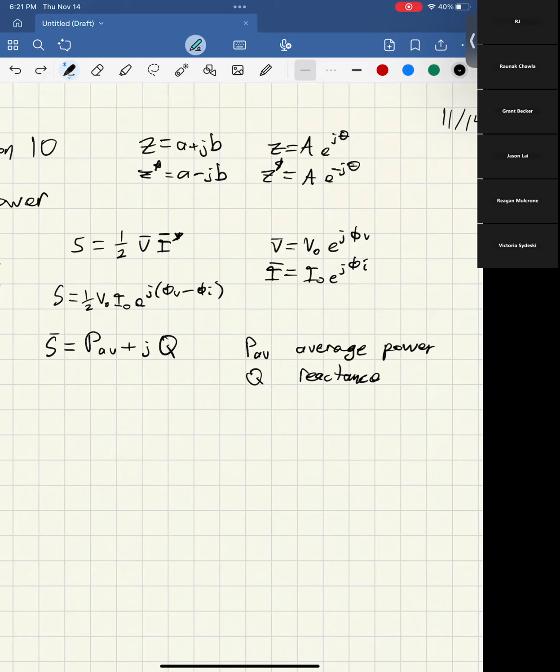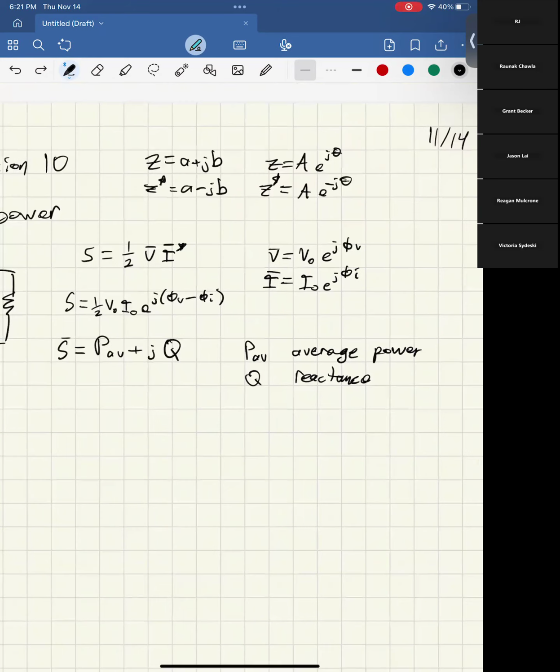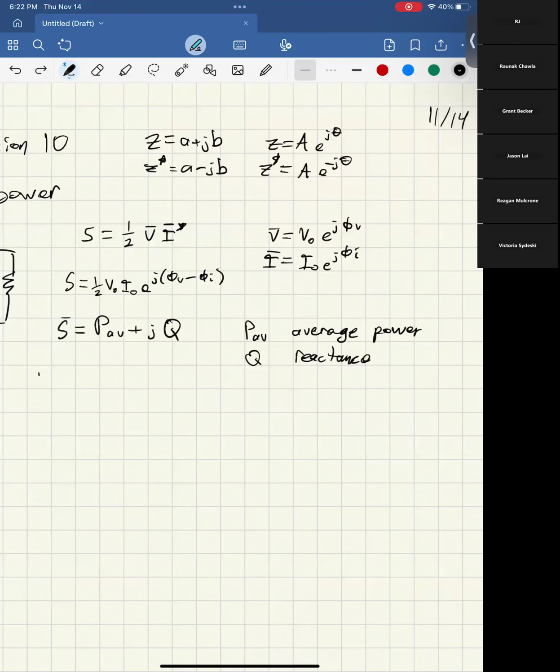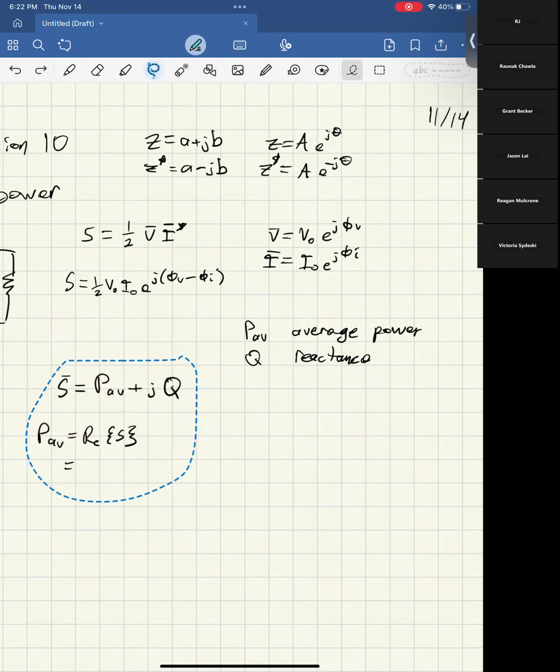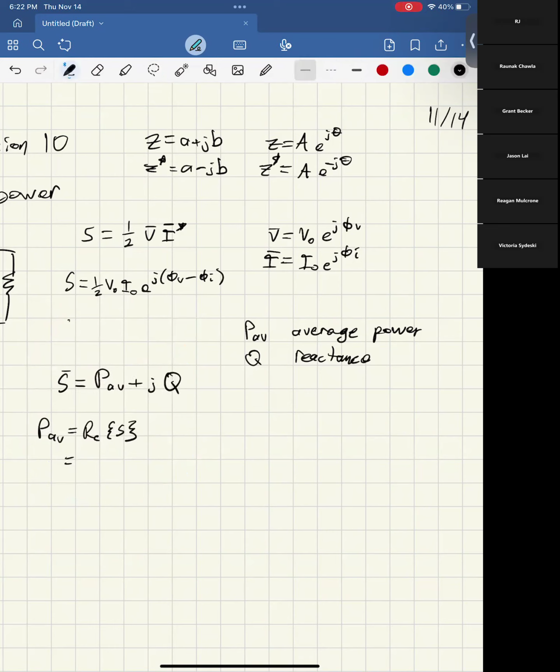And some more equations for this. Simply, P average equals the real part of S. Moving back a bit, I'll give one more way to write S. We can write S equals S naught e to the j phi, which I'll call phi s because that makes more sense.